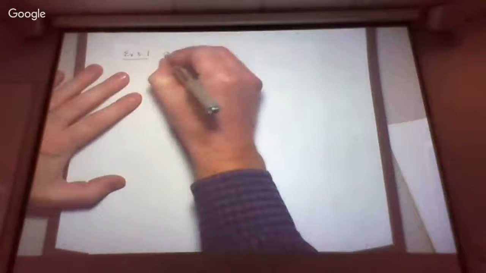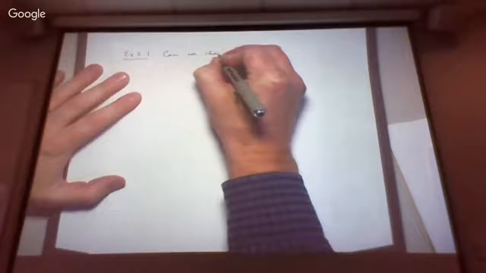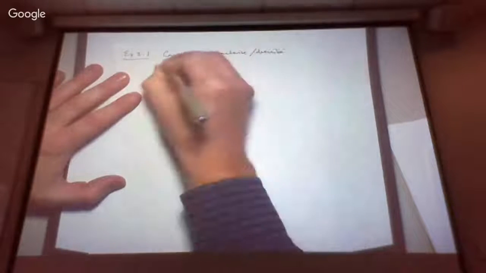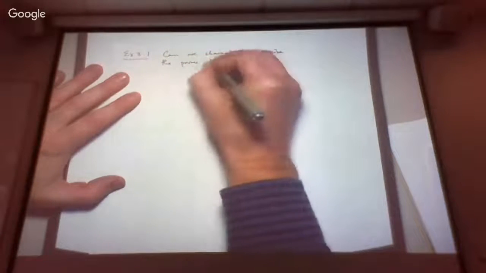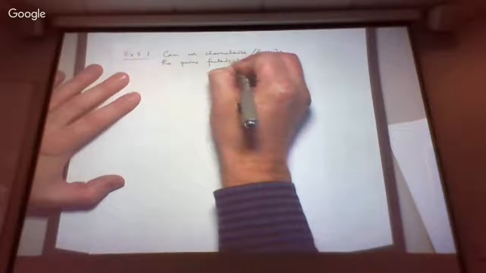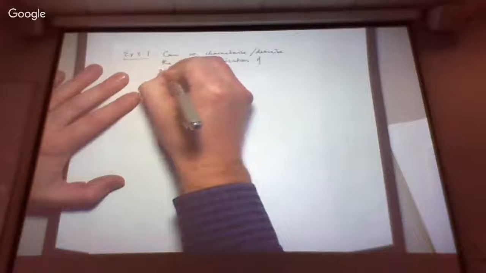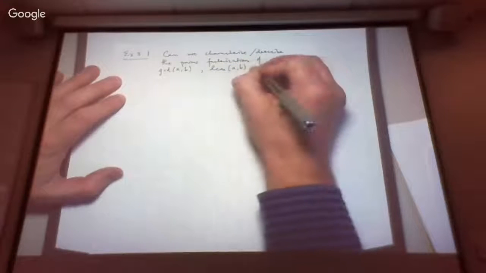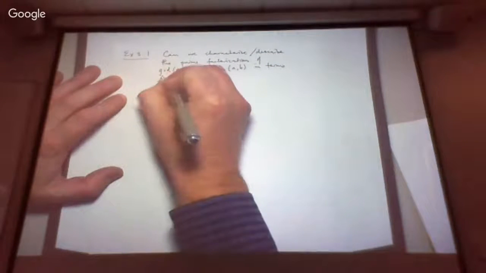Okay. What's the first one we're going to look at? So just to rephrase the exercise slightly, I'm asking, can we characterize or describe the prime factorizations of the greatest common divisor of a and b and maybe the least common multiple of a and b in terms of those of a and b?